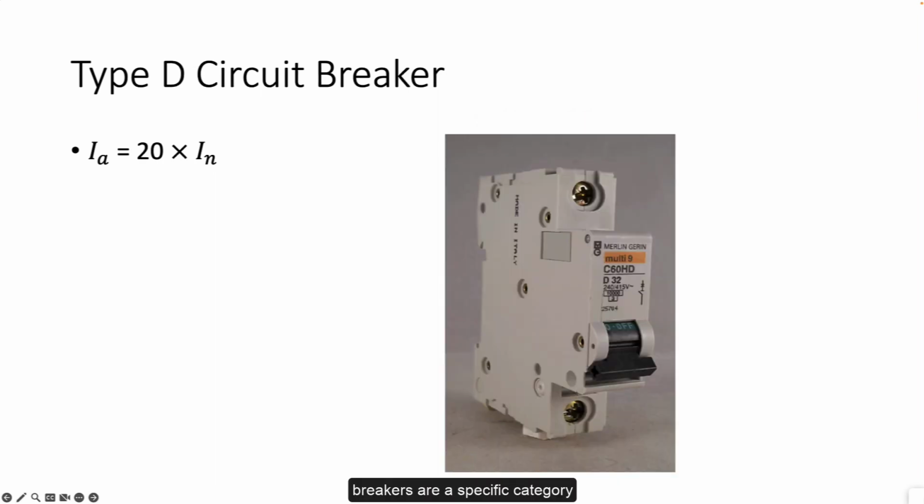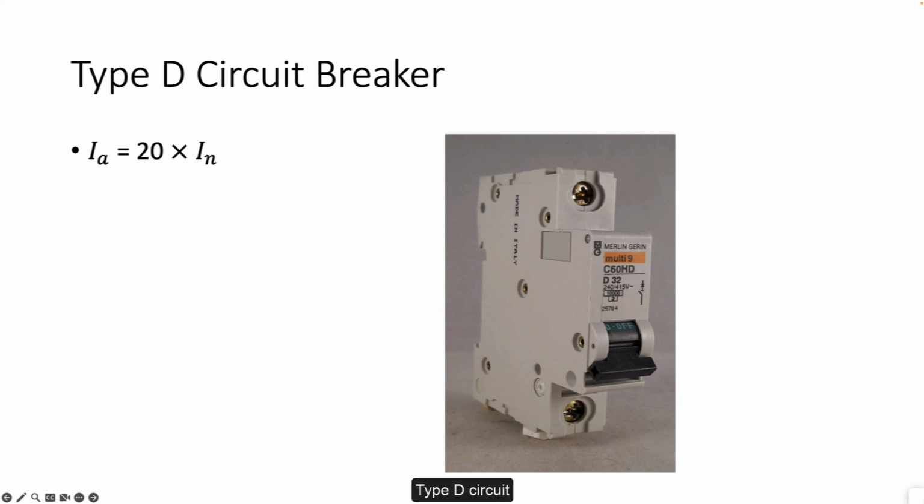Type D circuit breakers are a specific category of circuit breakers designed to provide robust protection against very high levels of overcurrents. The tripping characteristics of Type D circuit breakers mean that they will disconnect the circuit when the current exceeds a certain threshold, and this threshold is expressed in terms of a multiple of the rated current.